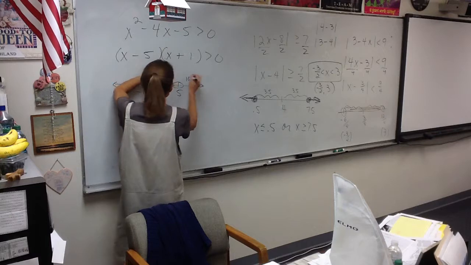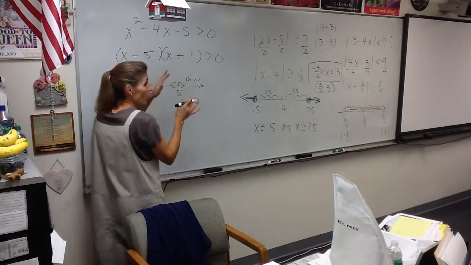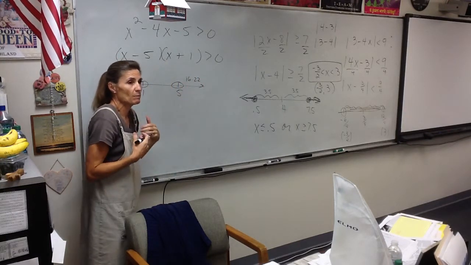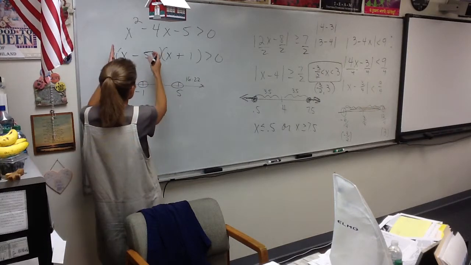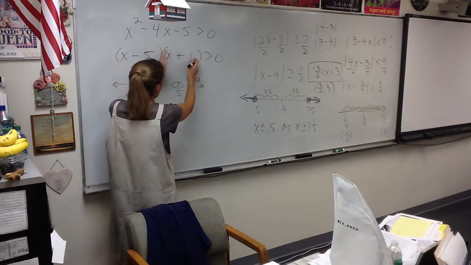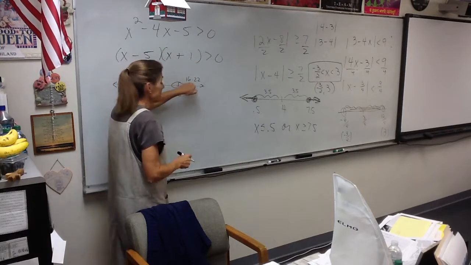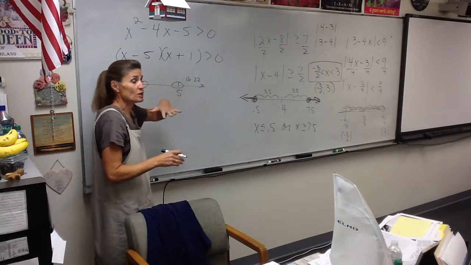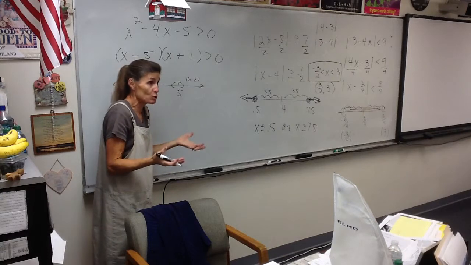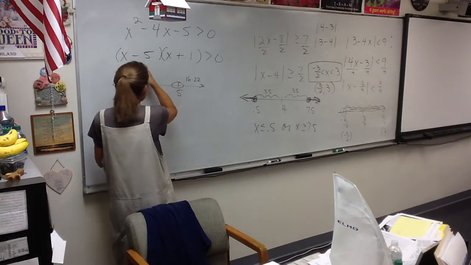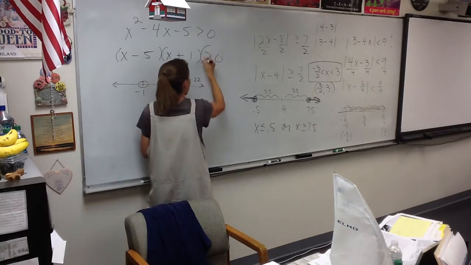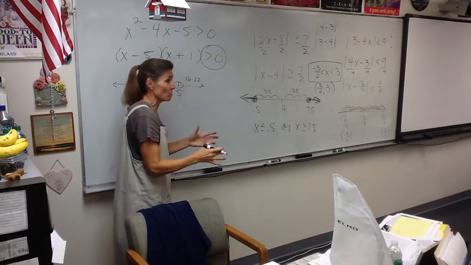22. So this would say, if you put in 21, which is a much bigger number than I would pick if I were doing it, but it's okay, every number will work. If we put 21 in both of these parentheses, we would get 16 times 22, which is some big positive number. Would you agree with that? Yes. Now the problem says, when I multiply these together, I want it to be bigger than 0.